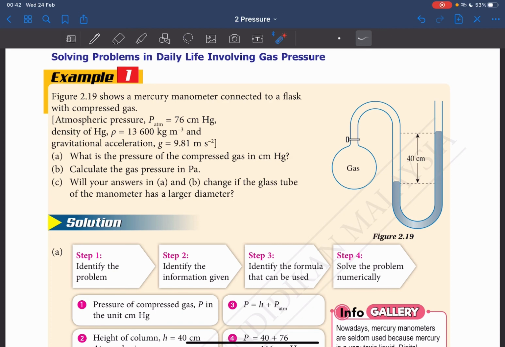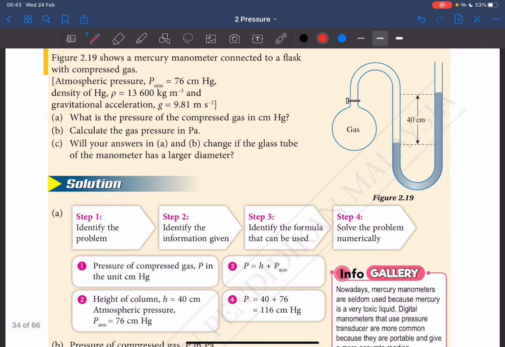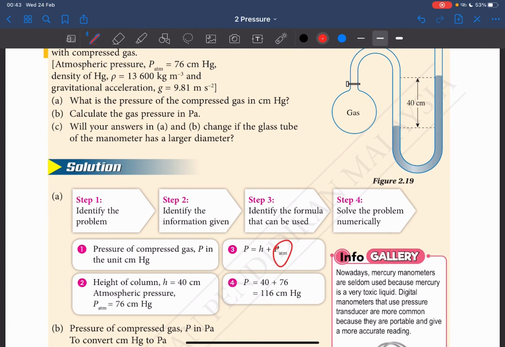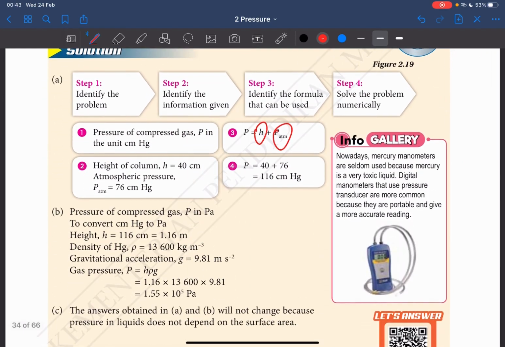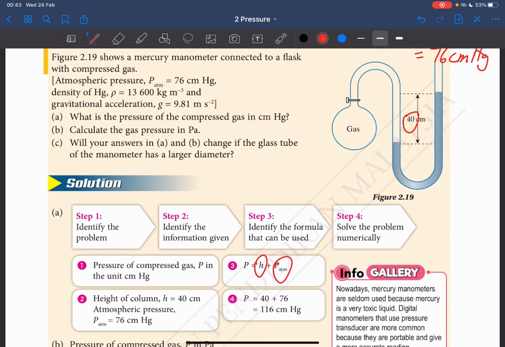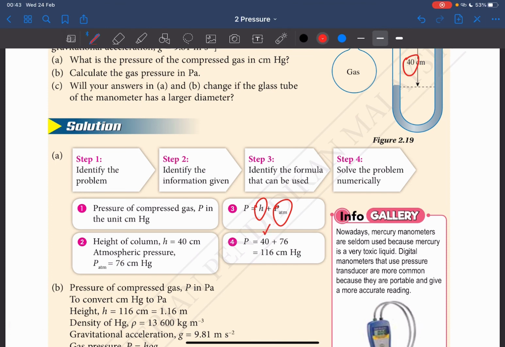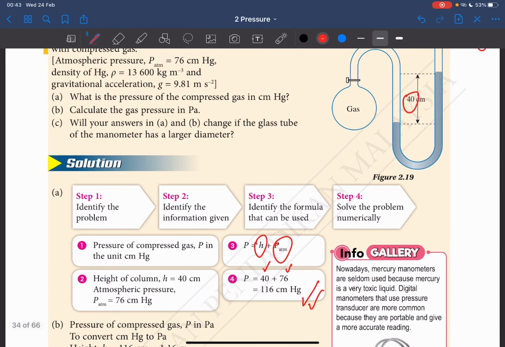So we know that to calculate the pressure of gas, it is actually equal to pressure of the ATM plus height. So pressure of ATM is 760 mmHg, also equal to 76 cmHg. So simply plus the height, 40. So you get 40 plus 76. This is your answer for the pressure of gas.